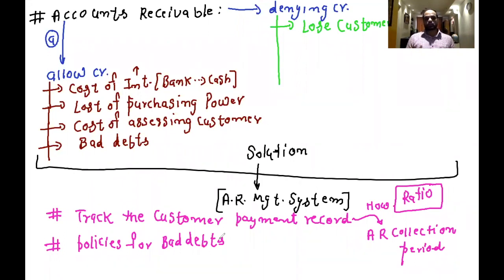So making such kinds of policy will help us to manage our account receivable. As a result, we'll be able to manage our working capital. All right, so those are the ideas for managing account receivable. So account receivable is finished.